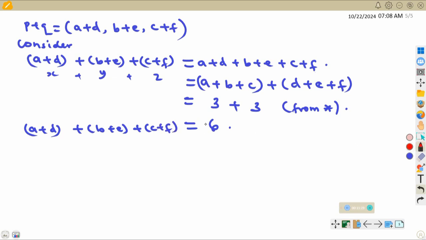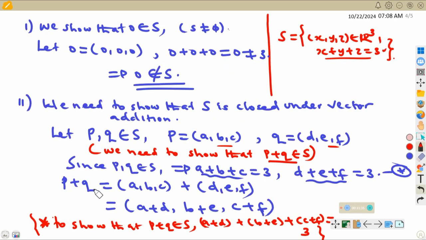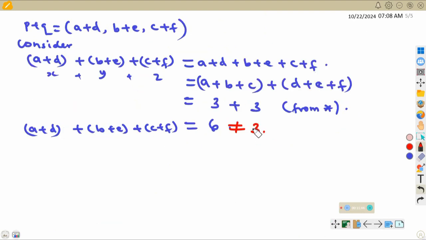But this 6 is not equal to 3, because we wanted to show that P plus Q is an element in S, and this expression must give us a 3. Instead, it is giving us 6, which is not equal to 3.